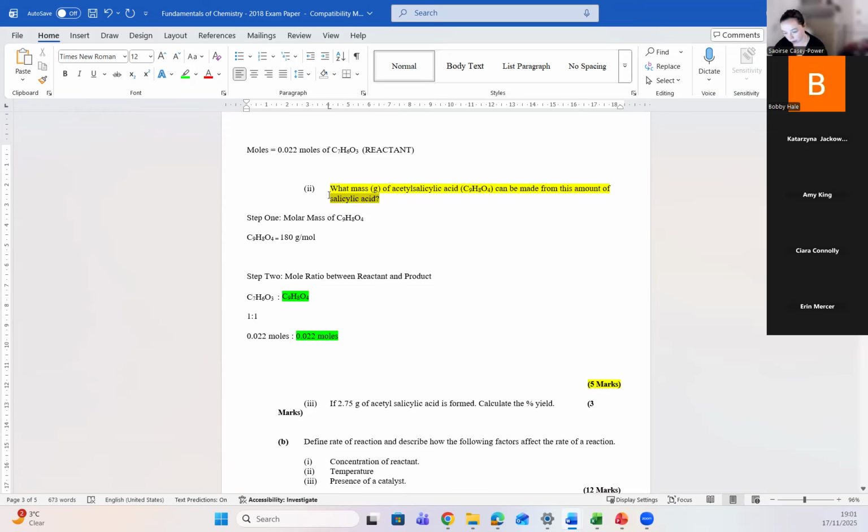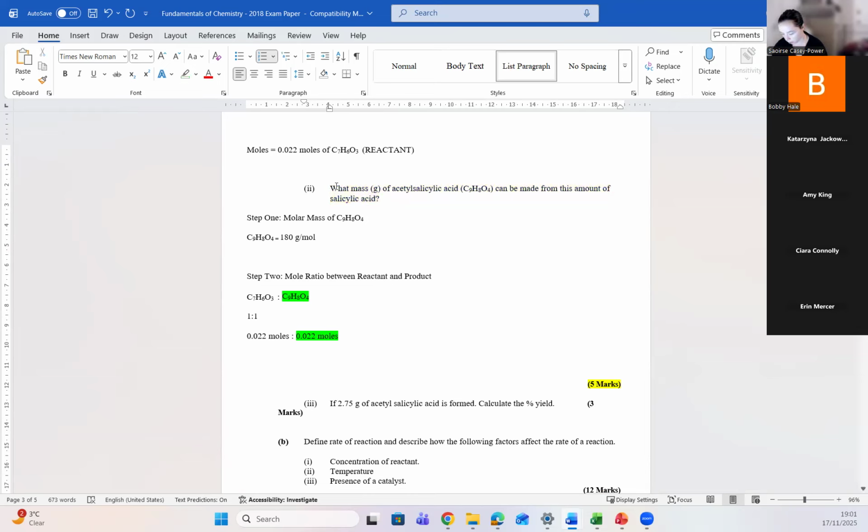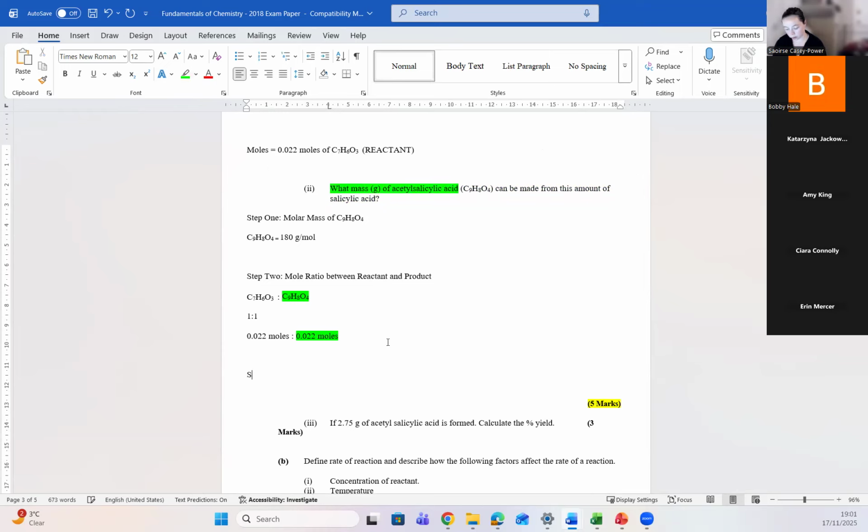Just looking back on the question itself, it asks what mass of acetylsalicylic acid. So our last point is that we need to convert moles to mass.